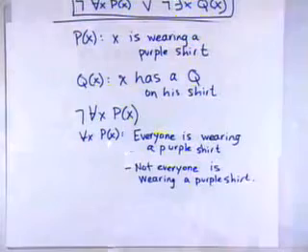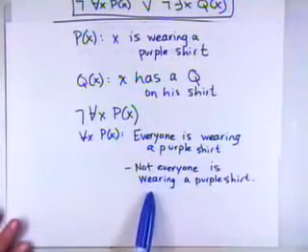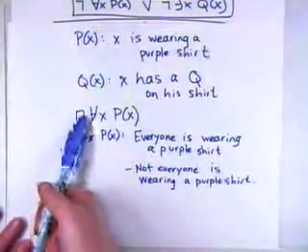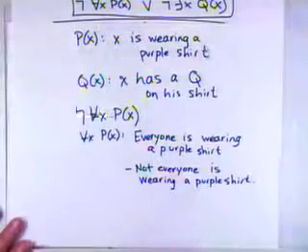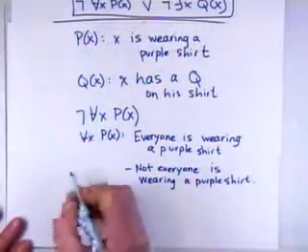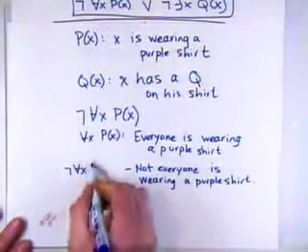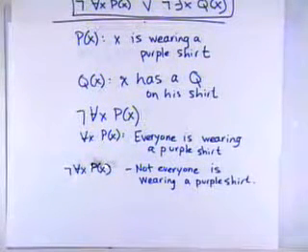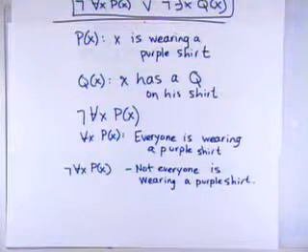Just one. I could say there's at least one person that isn't wearing a purple shirt. That would be the same as not for all x, p of x, the same as saying not everyone is wearing a purple shirt. So this is writing the English directly from that.